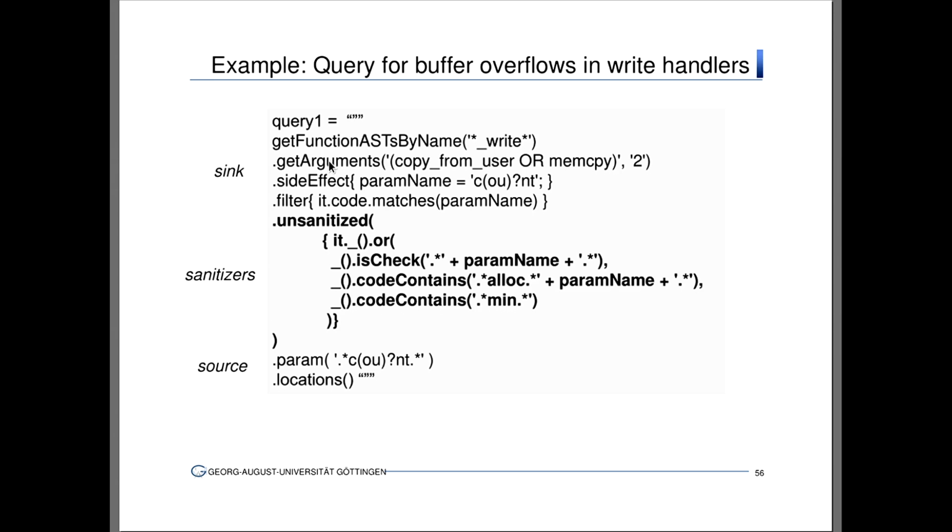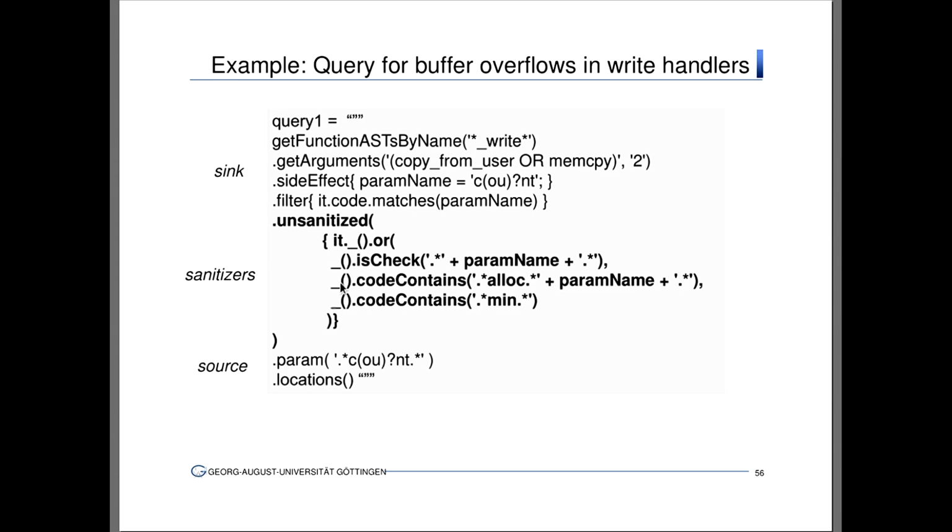And from there go to the arguments, the ith arguments, go to calls to copy from user or memcopy and to their third arguments. Now filter those for count, because count is typically a variable you can control in the write handler.